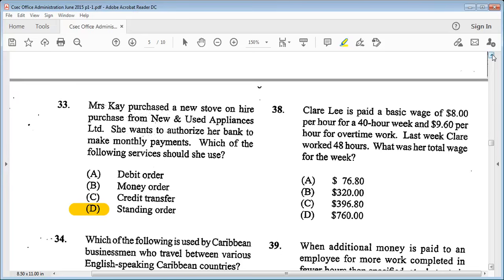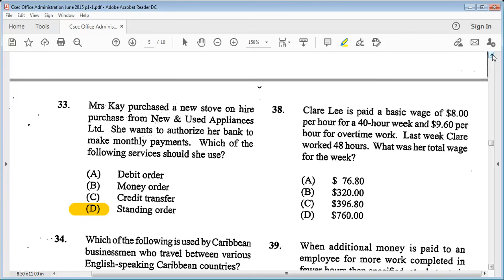Now, she worked 48 hours. So we know that 40 from 48 would be 8 hours. So 8 hours of overtime she did. Therefore, we would have to multiply 8 at the rate of $9.60, and that gives us $76.80.